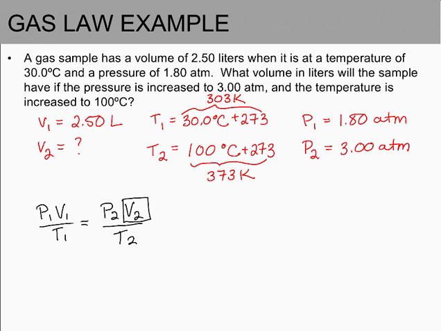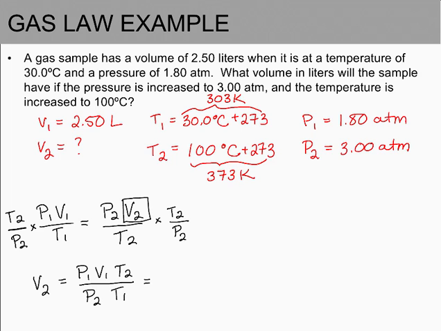So let's multiply both sides by T2 over P2, because that will cancel out the right-hand side pressure and temperature, and then it will move everything over to the left-hand side. So then V2 is equal to P1 times V1 times T2 over P2 times T1.